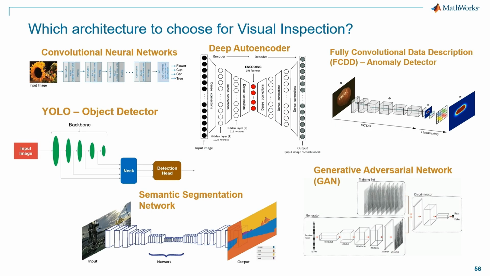What architecture do you actually choose eventually? I just talked about the traditional CNN, the more advanced FCDD, or the GAN, or there are too many. So I don't know the answer; whether classification, object detection, segmentation or anomaly detection depends on what kind of training data you have access to, the amount of data imbalance in your data, or what kind of information you require at inference time.